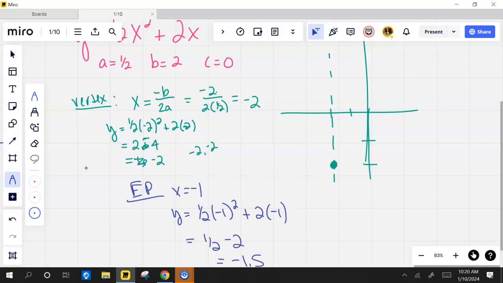And I could use that. I could go, okay, -1, -1.5. Reflect over and connect. And that would be A-okay. This is not at all the way it should look. There we go.